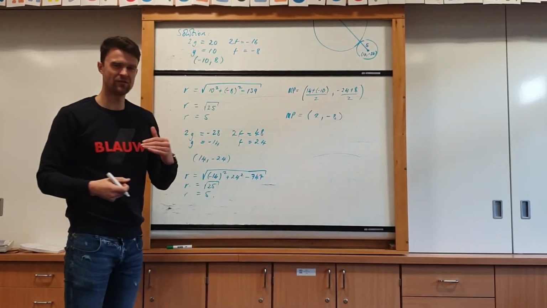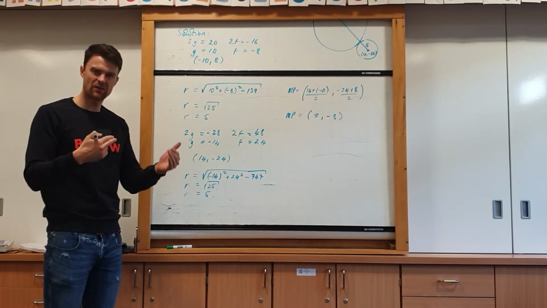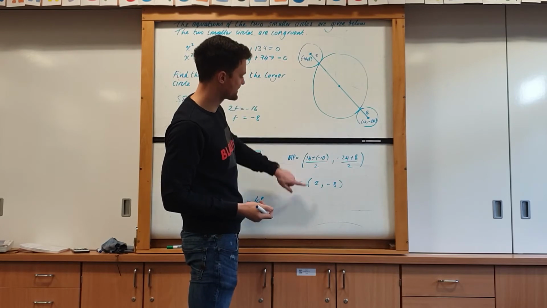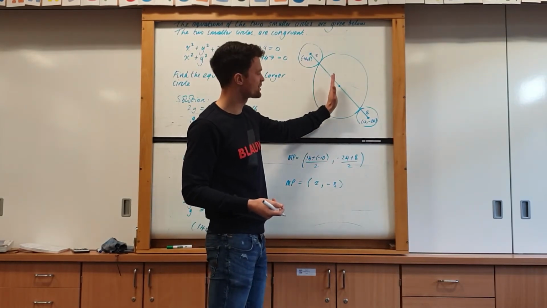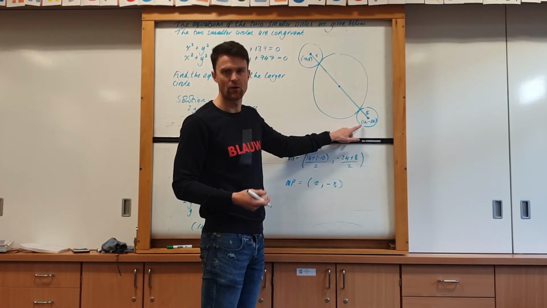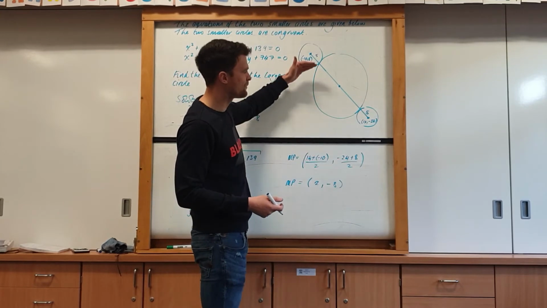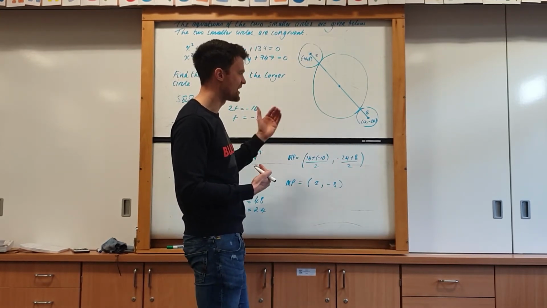And again, we can check this in relation to the other two centres and just make sure we're roughly in the correct area. So this centre has to be further to the right than that centre there, but obviously not further to the right than that one there. It obviously has to sit in between these two x coordinates, which it does. And again, we can look at the y coordinates and do that rough kind of check as well.